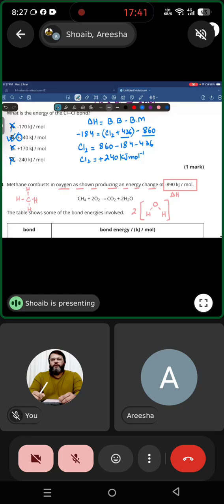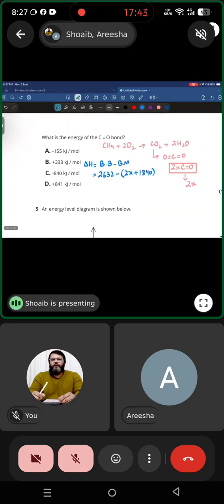Minus 890. Now this value moves to the other side, the minus will multiply with the whole bracket, so minus 2x and the minus 1840, then you will get minus 2x.